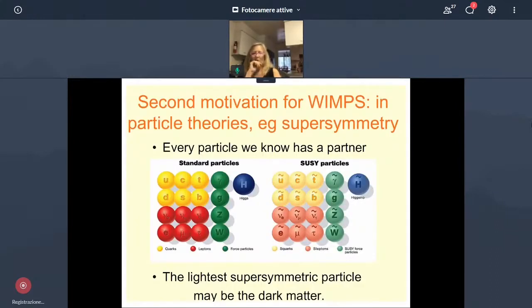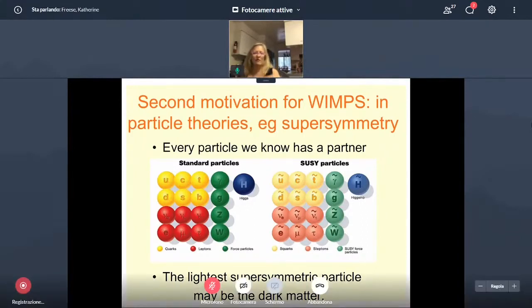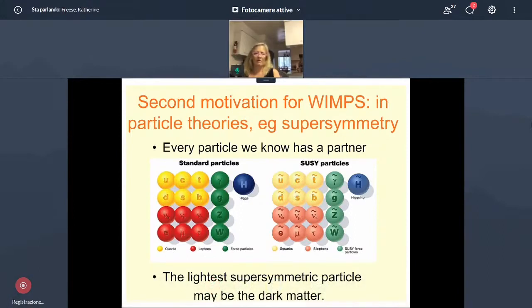Now, in addition to getting the right relic abundance, WIMPs are interesting because, as I mentioned, they already exist in particle theories in more than one place, but one of the top motivations is supersymmetry. This is an extension of the standard model that attempts to resolve problems of the standard model. And here, every particle we know has a supersymmetric partner.